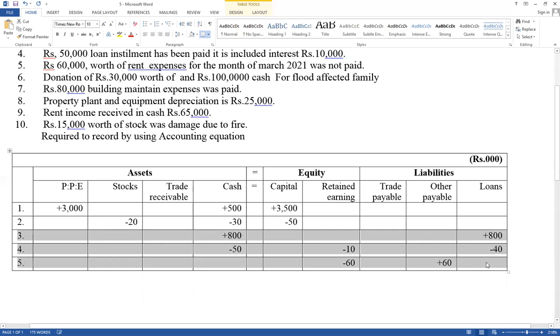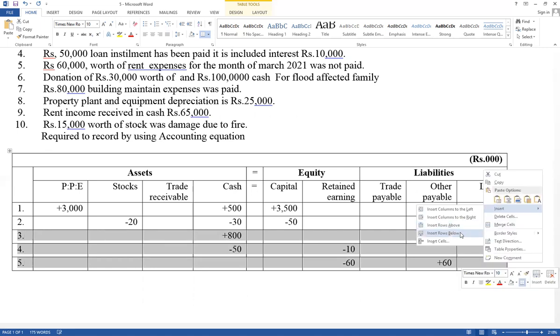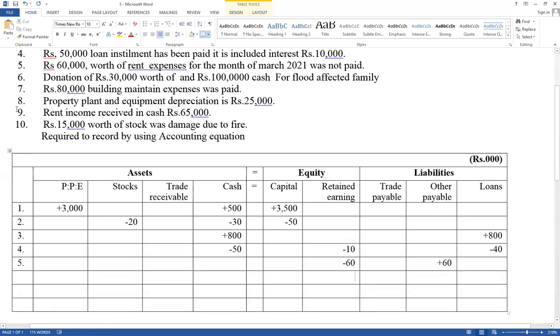Think about transaction number 6. It has given a donation: 30,000 worth of goods and rupees 100,000 cash for a flood affected family. It has given a stock donation as well as a cash donation.